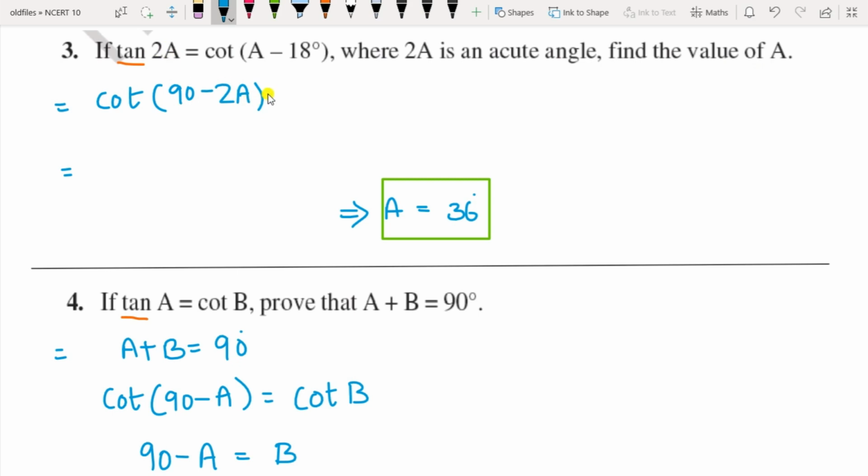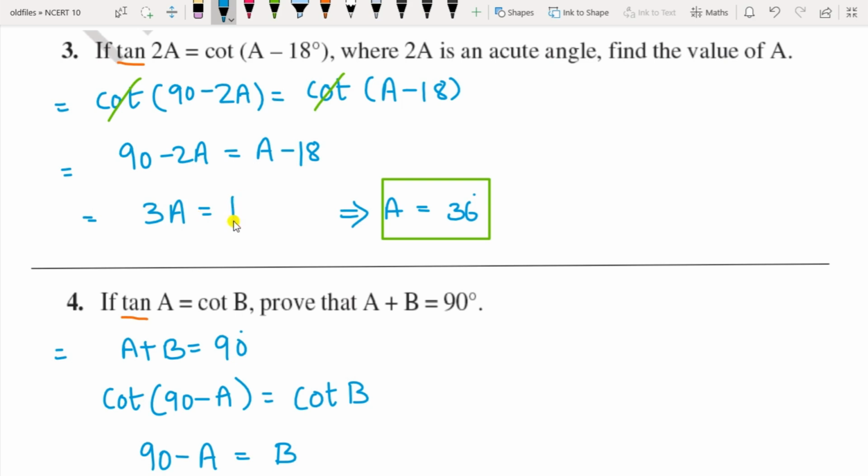So in place of theta it is 2a, and on the RHS keep it as it is, cot of a minus 18. Now since on both the sides it is cot, it will be cancelled. So it is 90 minus 2a equal to a minus 18. Take the like terms together, so it will be 3a equal to 108, and you have to find the value of a. So 108 divided by 3 is 36.